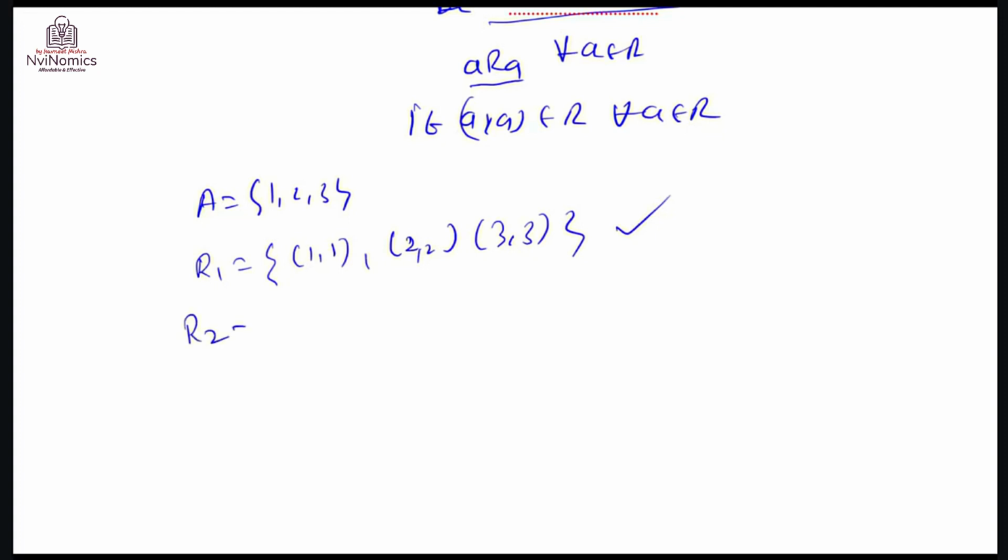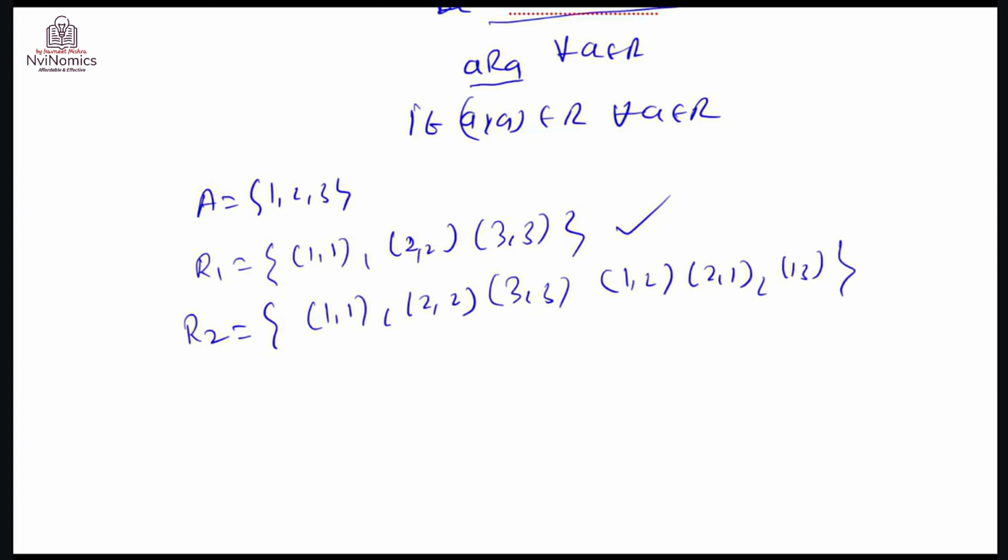Now I am considering another relation. Basically you can see that R1 is a subset of A cross A. Now R2: (1,1), (2,2), (3,3), and (1,2), (2,1), (1,3). Can you tell me whether it is going to be a reflexive relation or not? Any guess?